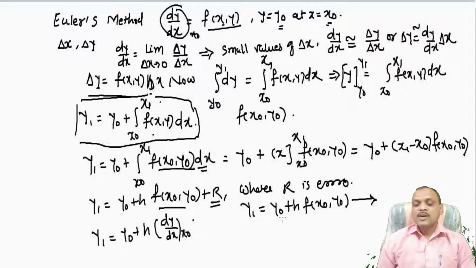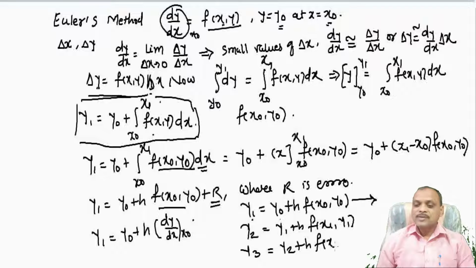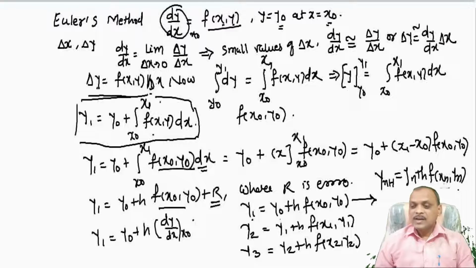At x0 we have y0, at x1 we have y1. Similarly, y2 equal to y1 plus h into f of x1, y1, y3 equal to y2 plus h into f of x2, y2, or in general y n plus 1 equal to y n plus h into f of x n, y n, and this is known as Euler's method.